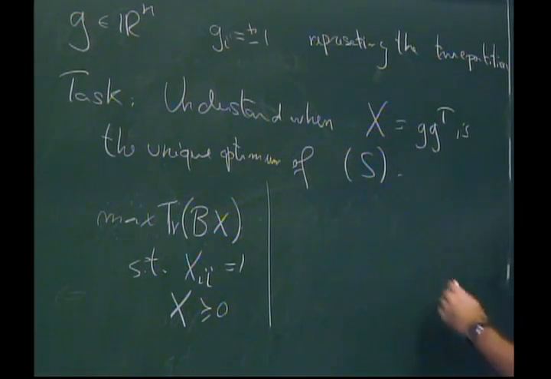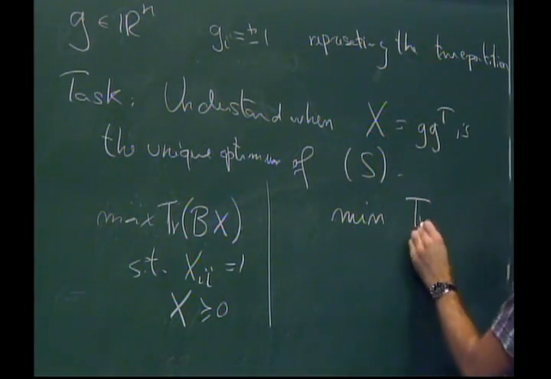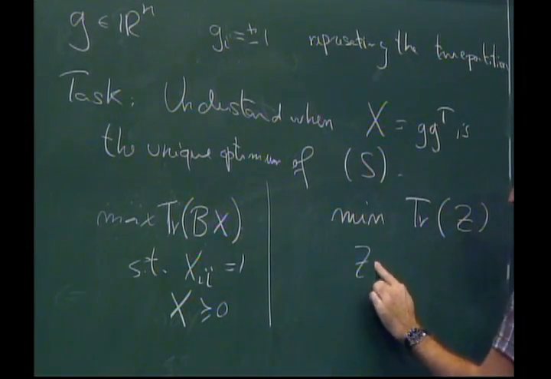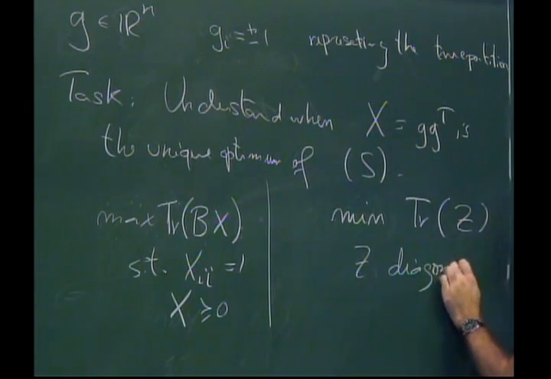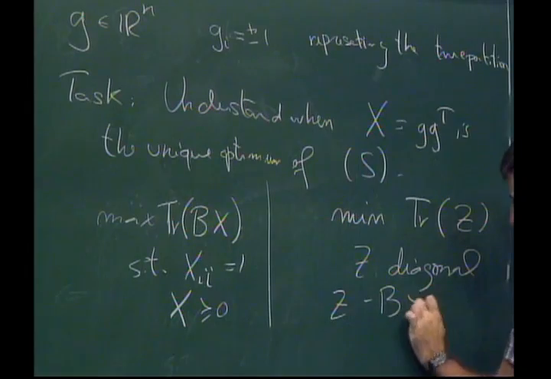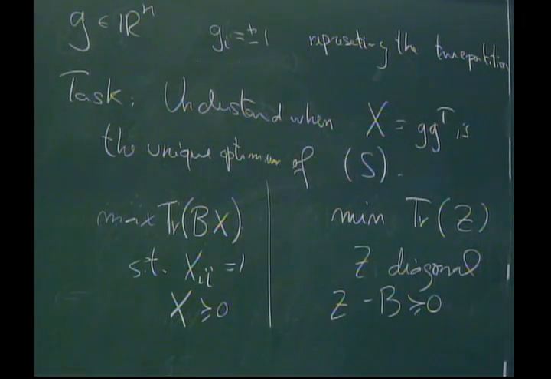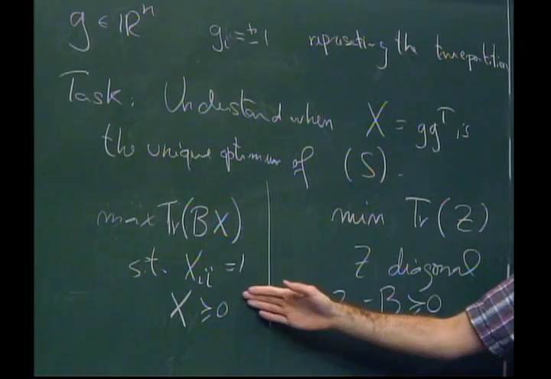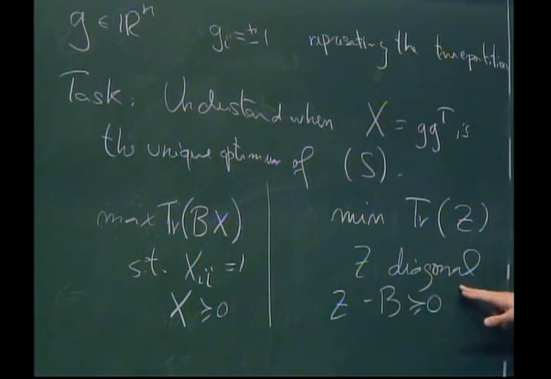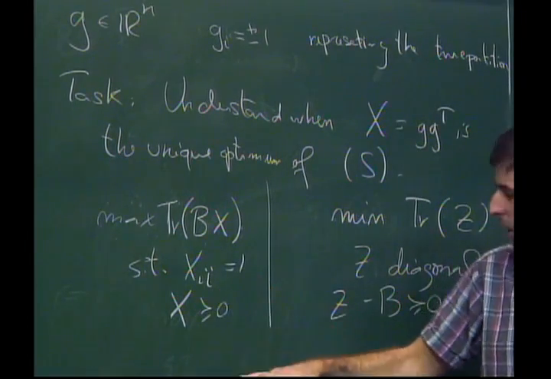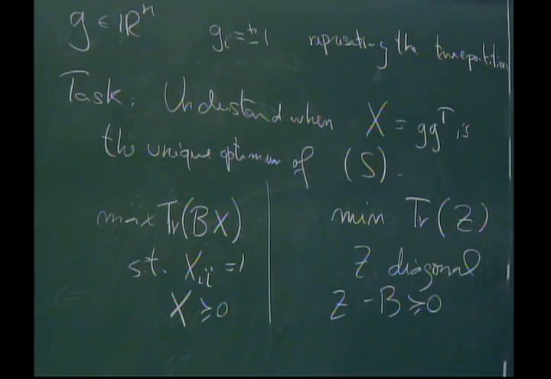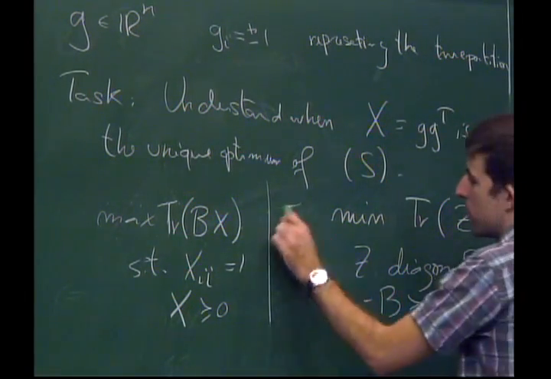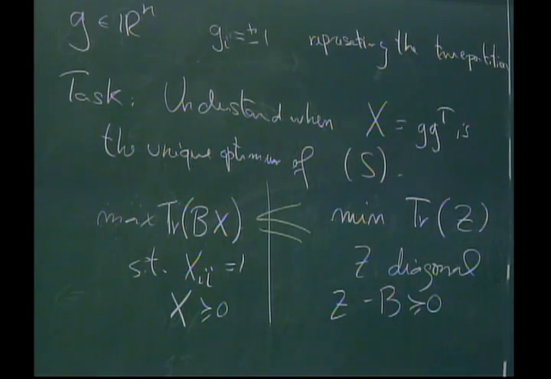So the dual for this is the following. Think like Lagrange multipliers. There is a variable here for each constraint, essentially, and vice versa. So z is diagonal, meaning that essentially there are only n variables on the diagonal, and they correspond to these constraints. That's the intuition. And what I'm going to claim first is that this is true. This is weak duality, and I'm going to prove it for you.